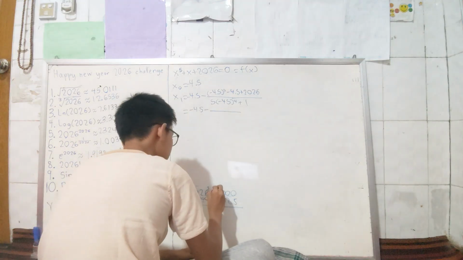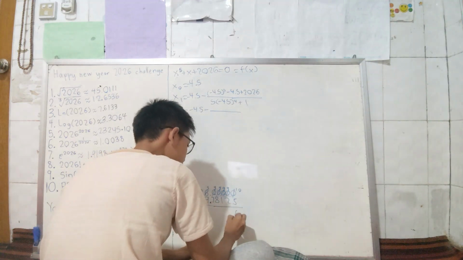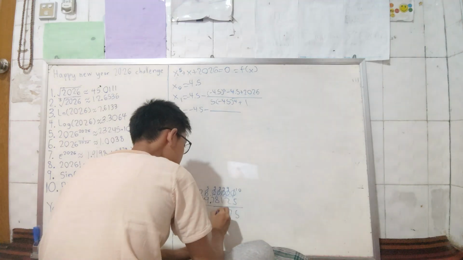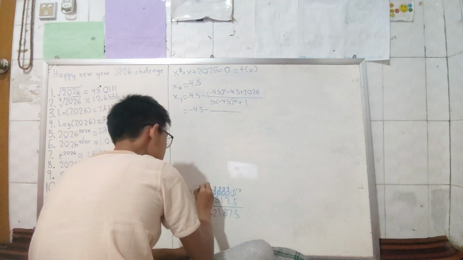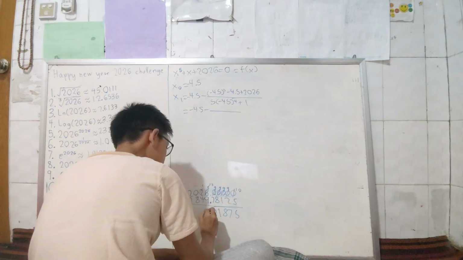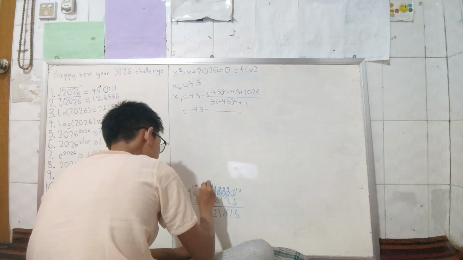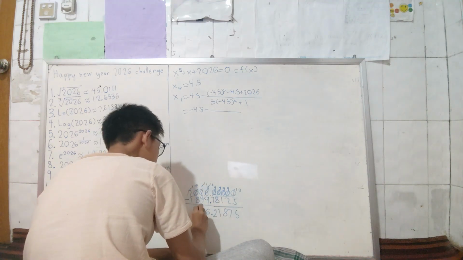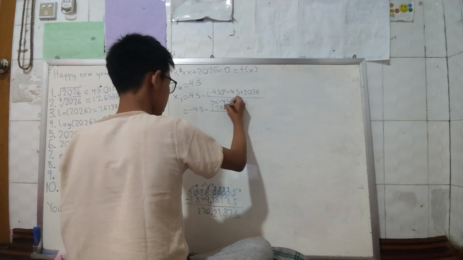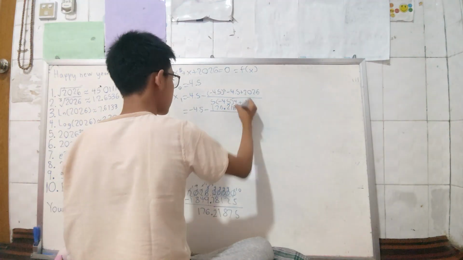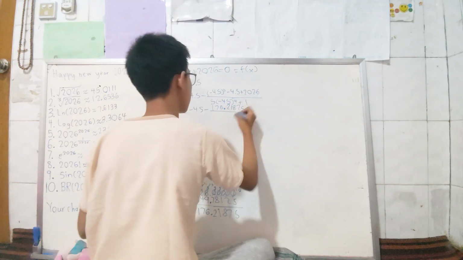So it's gonna be about negative 3880.28125.